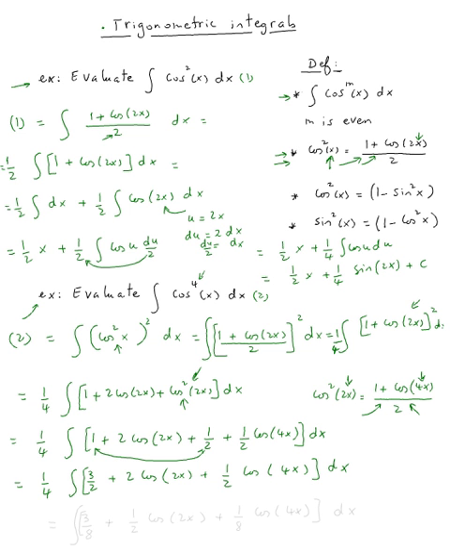I think it will be easier. 1/4 times 3 over 2 would be 3 over 8, plus 1/4 times 2 will be 1/2, and 1/4 times 1/2 will be 1/8, dx. So let me rewrite everything.